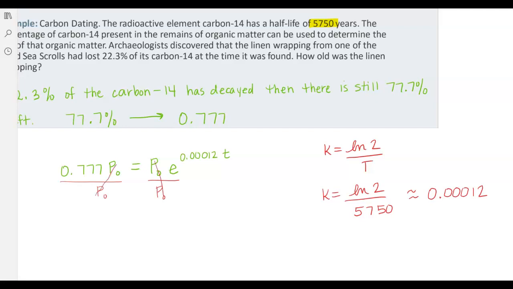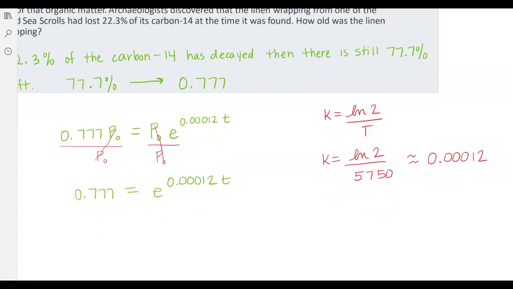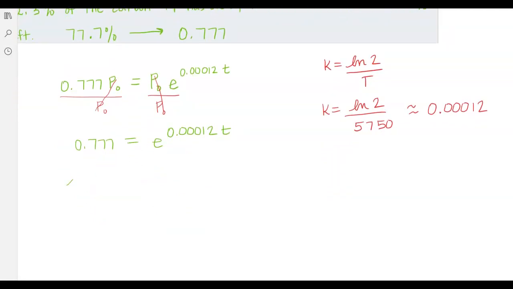And I'll just have 0.777 equals e to the rate times the time. And then I'll take the natural log of both sides, and I'll have the natural log of the decimal equal to the rate times the time. And then in the calculator, to estimate the time, I'll plug in this fraction.